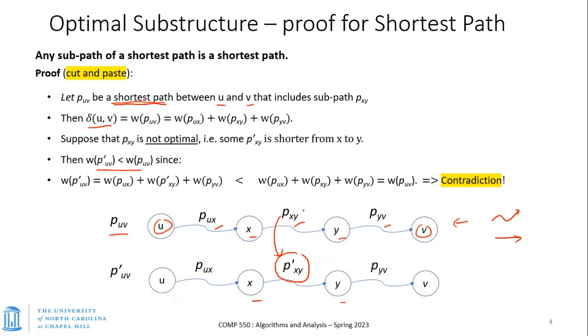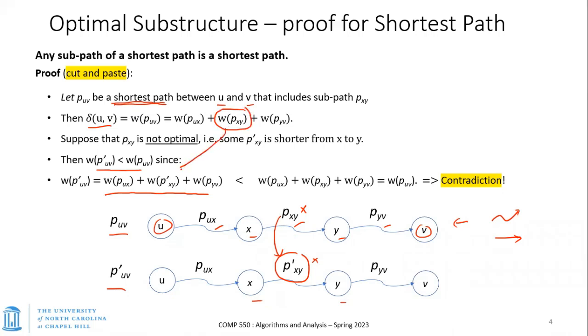So all we have to do is simply cut this path out and replace it with what we think is a shorter path. The new path, which now comprises the other alternate path, P prime XY rather than PXY, would have a shorter cost. The cost of this would simply be replacing the middle term over here.